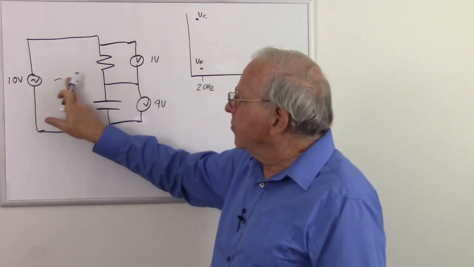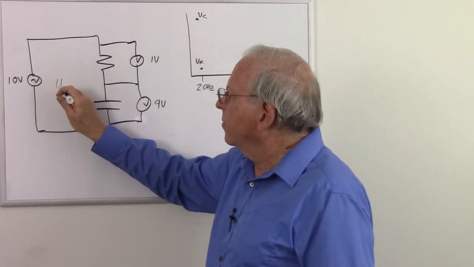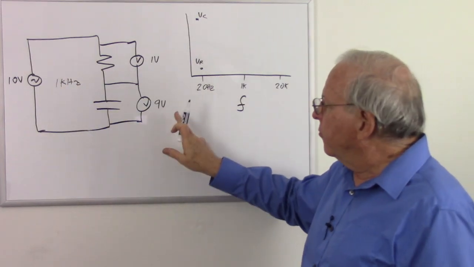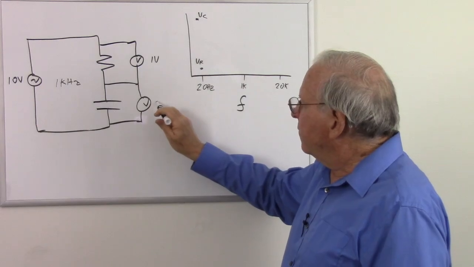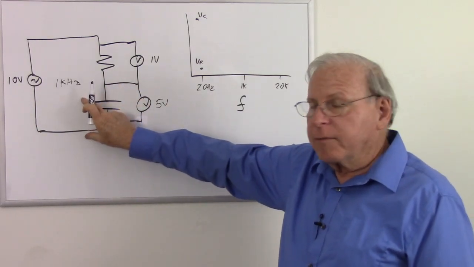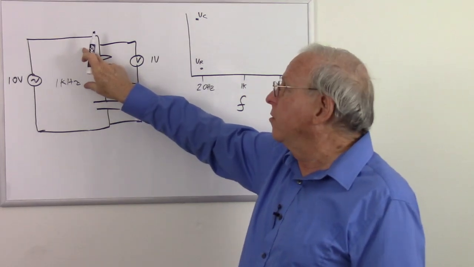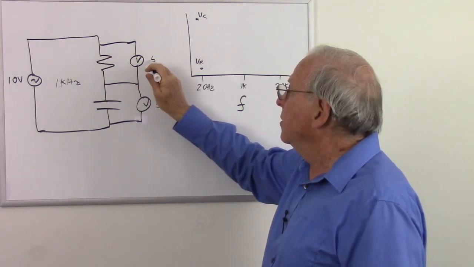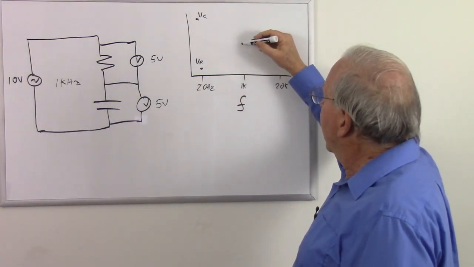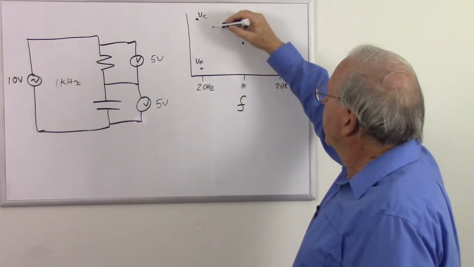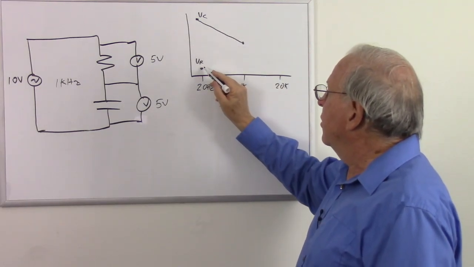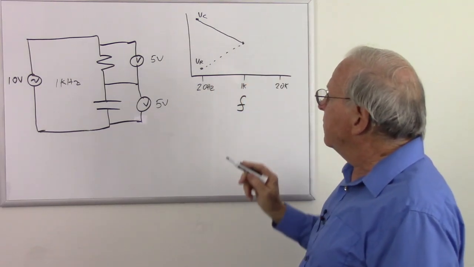Now let's crank that up to 1 kilohertz. And let's just say that at 1 kilohertz, we get 5 volts across the capacitor. Well, if we have 5 volts across the capacitor, what are we going to get across the resistor? We're going to get the same voltage because 5 plus 5 equals 10. So right at 1 kilohertz, our capacitor voltage is going to drop down to 5 volts. Our resistor voltage is going to climb up to 5 volts.